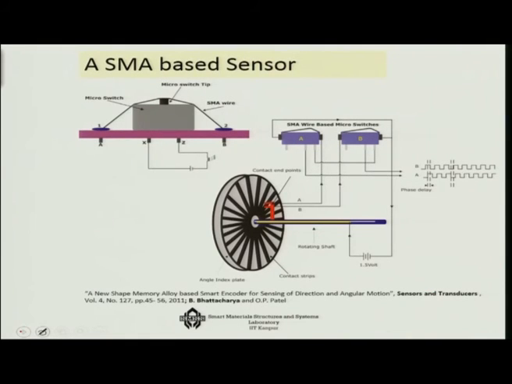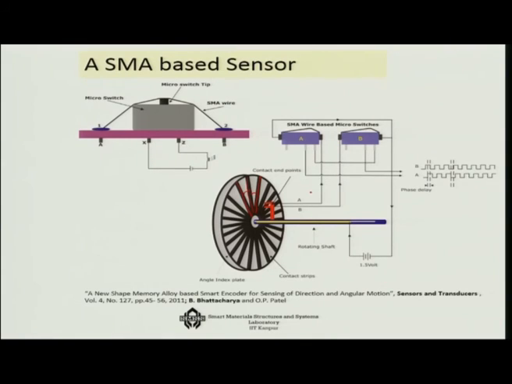One very interesting application of SMA is in the form of an SMA wire-based sensor that we have developed. So what you do here is that you take a kind of angle encoder where you have these contacts, and these are actually conductive, and these angles are drawn with a known angle. Now these two pins are touching the system and you are passing current through the SMA wire.